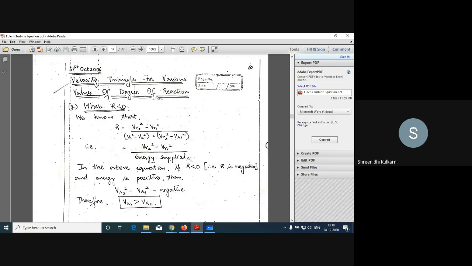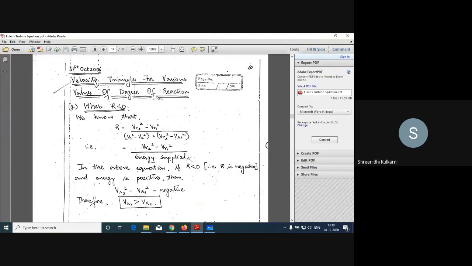So VR1 is always greater than VR2. So when the degree of reaction is less than 0, we will get VR1 greater than VR2.